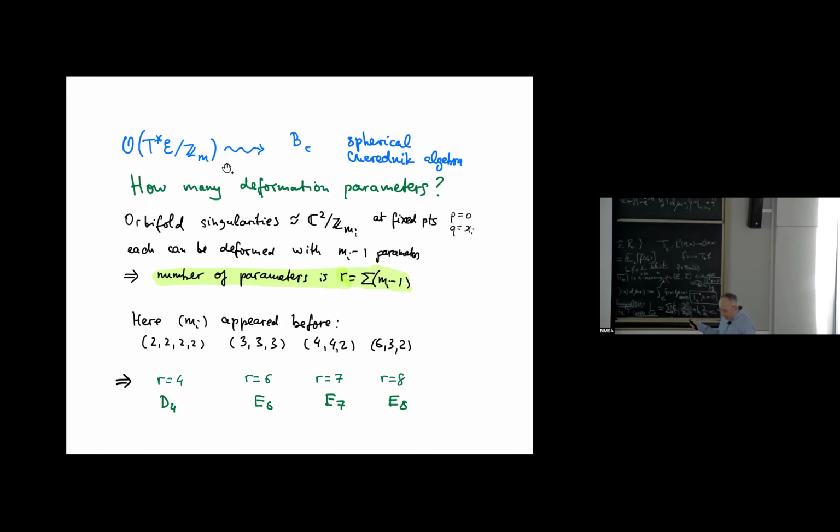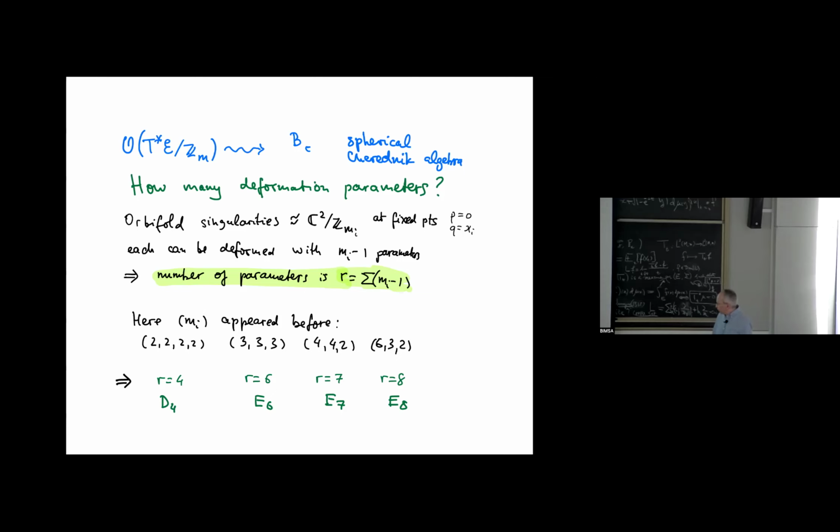And each of them, remember that baby example I discussed before, each of them has mi minus 1 parameters of deformation, so you might expect as many deformation parameters altogether. You need to sum up these numbers over the orbifold points. If you sum mi minus 1, here you get 1 plus 1 plus 1 plus 1, so 4 parameters of deformation you can expect. And here 2 plus 2 plus 2, 6. And here 7 and 8. And this matches the rank of these algebras.